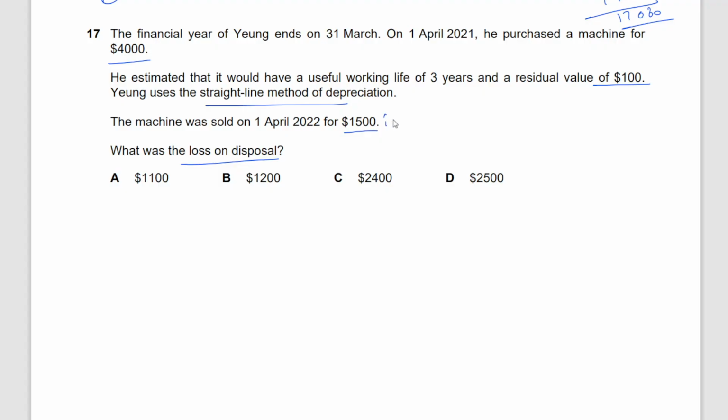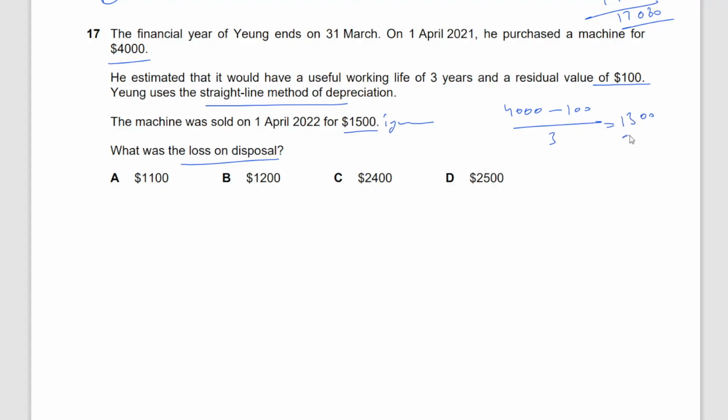For now, ignore this. First, let's calculate what's the net book value. Step number 1, let's calculate the depreciation charge per year. So it's going to be 4,000 minus the residual value, divided by 3. Essentially 3,900 divided by 3, which is 1,300.